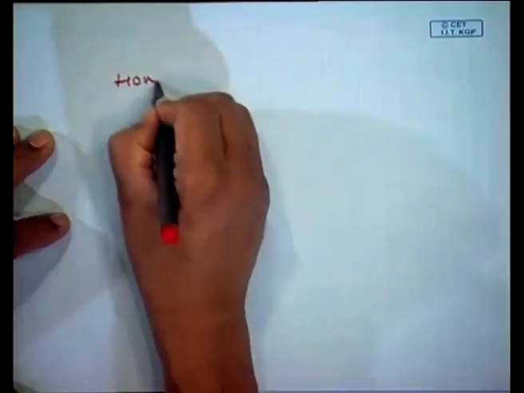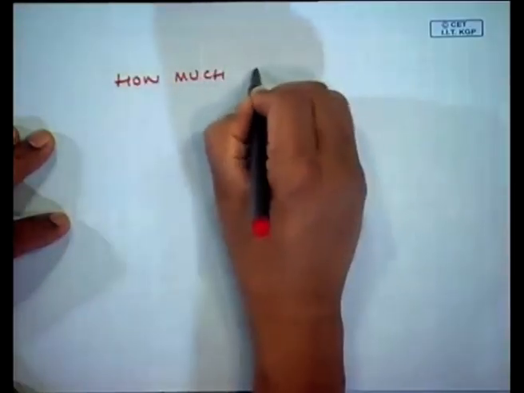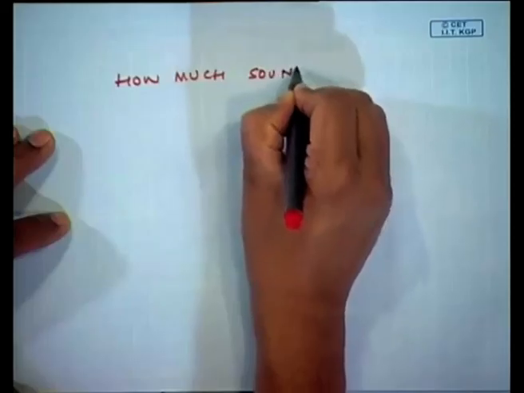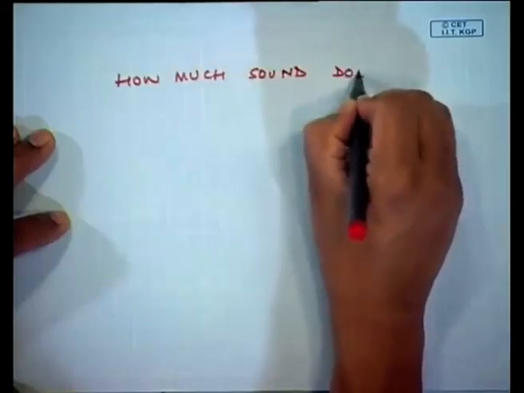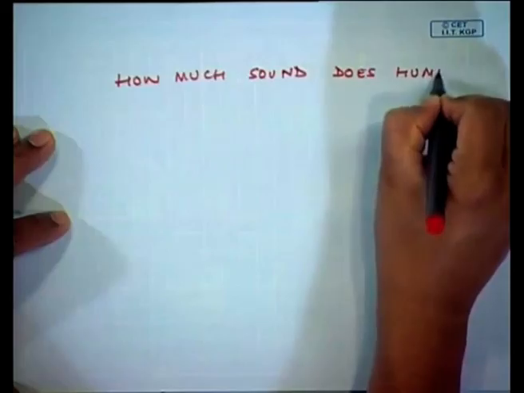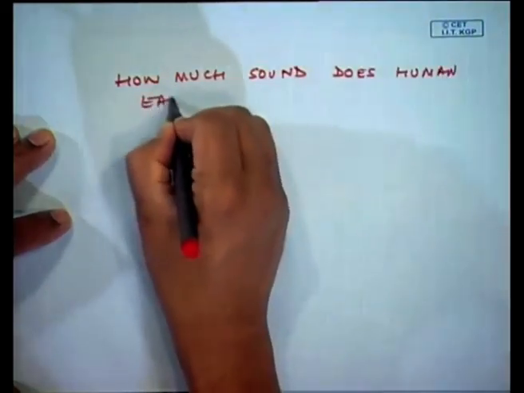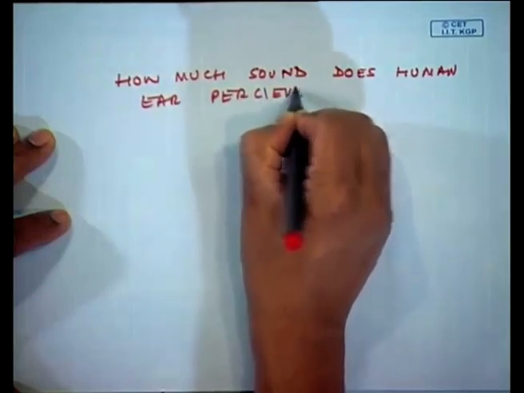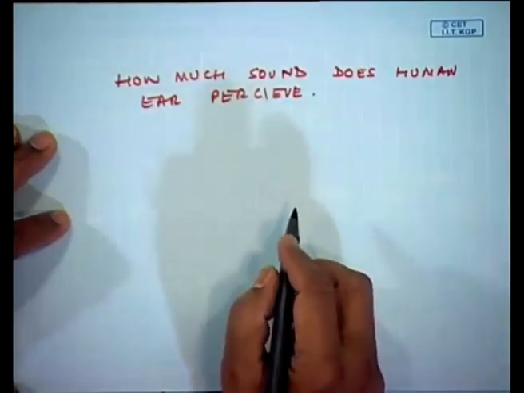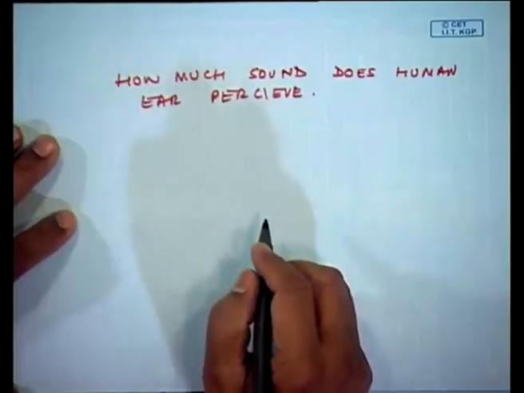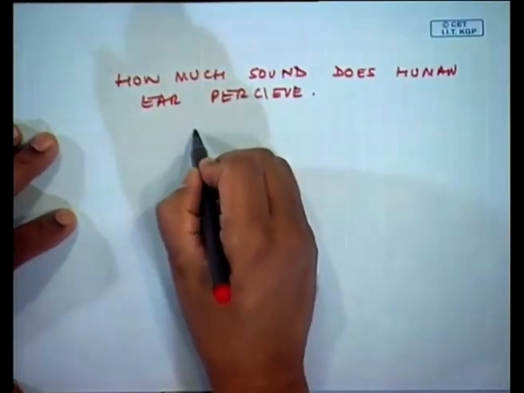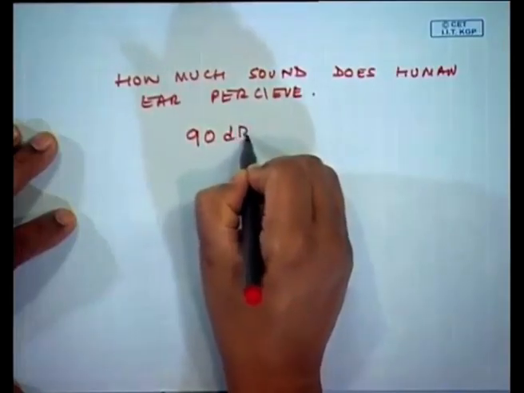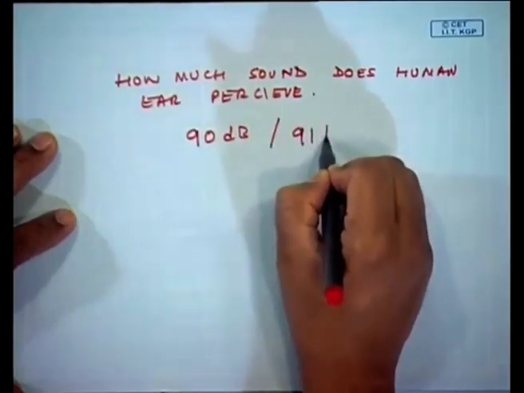Now, how much sound does the human ear perceive? A human ear cannot distinguish 90 decibel and 91 decibel.